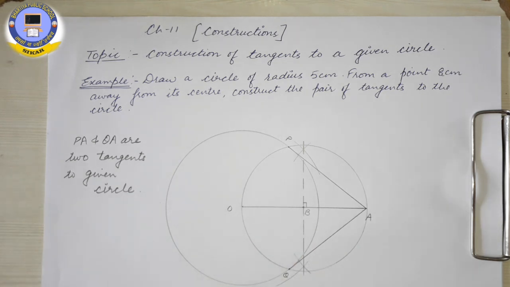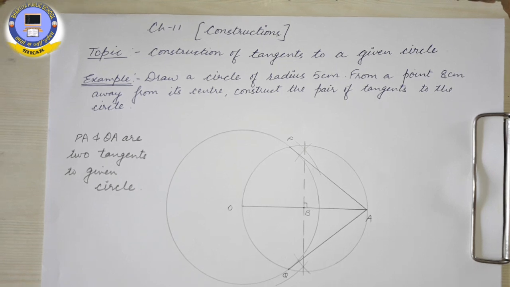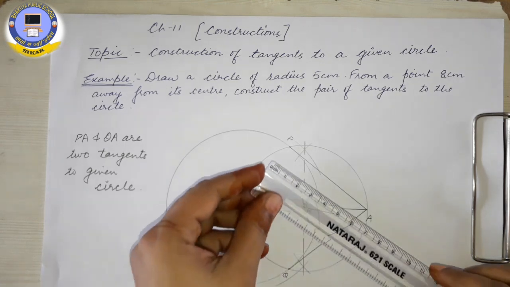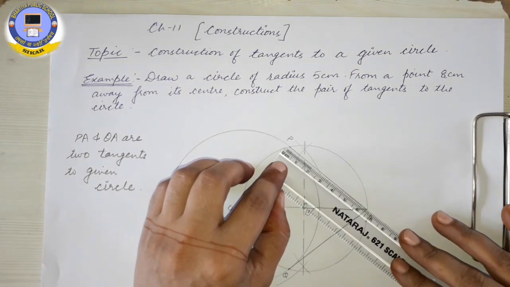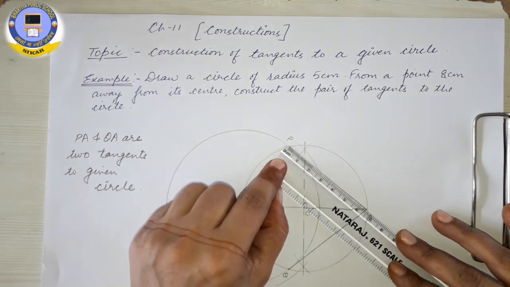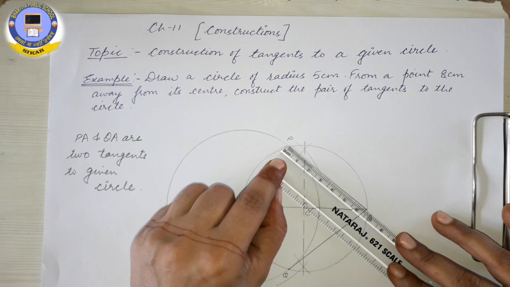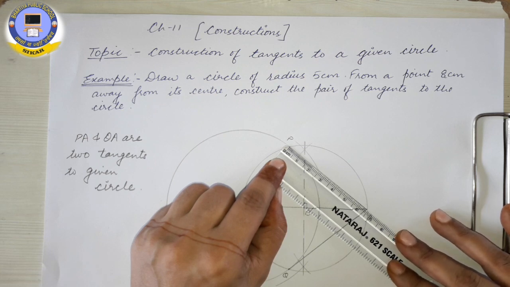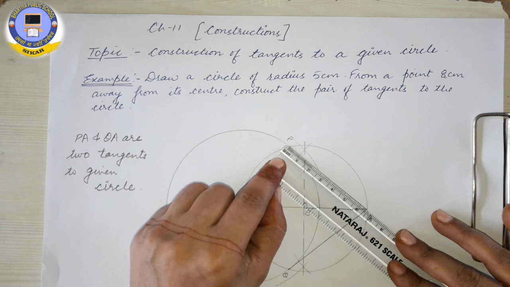Okay, in this way we can construct tangents to the given circle. Now we know that the lengths of tangents drawn from an external point are equal. So let us check whether these tangents are equal or not. Approximately these two must be equal. So when we are measuring PA, it is approximately equal to 6.4 centimeter.